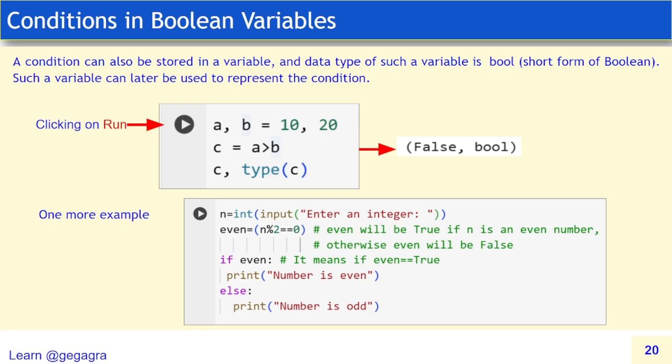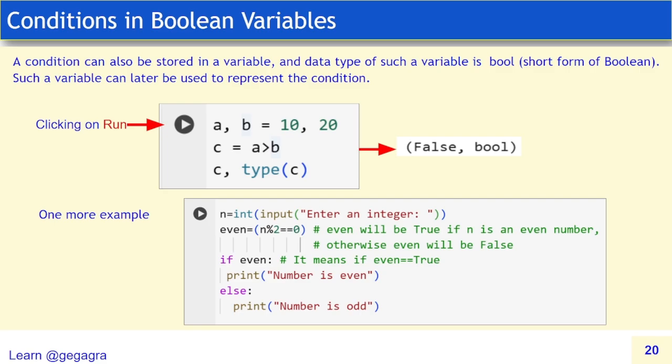What is even? Even is the identifier or the variable. So if even means the condition is true, it means even is equal to true, n is divisible by 2 and the remainder is 0. In this case, if even, I am checking if n modulo 2 is equal to 0, then print number is even, otherwise print number is odd.